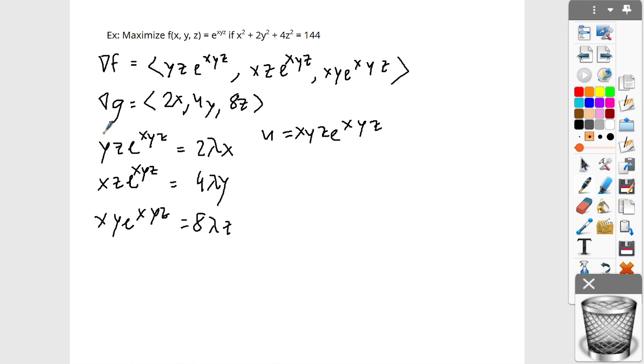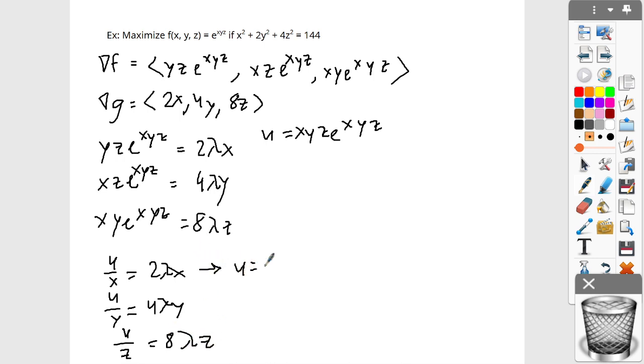You'll see what I mean in a moment. So u is equal to this. This means that u over x is equal to 2 lambda x, u over y is equal to 4 lambda y, and u over z is equal to 8 lambda z.